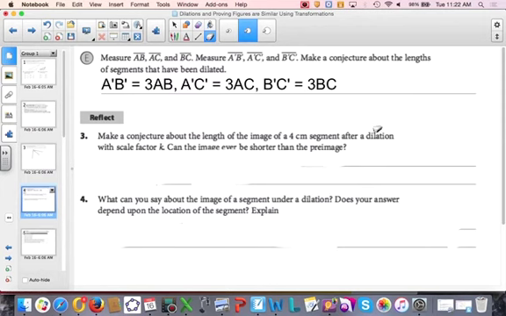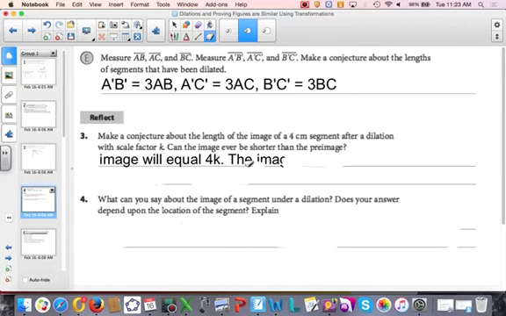In this reflect question, it's asking us to make a conjecture about the length of the image if the pre-image is a 4 centimeter segment and it's being dilated with a scale factor of k. Well, what I'd hope that you'd notice is basically the image is always the original length times the scale factor.